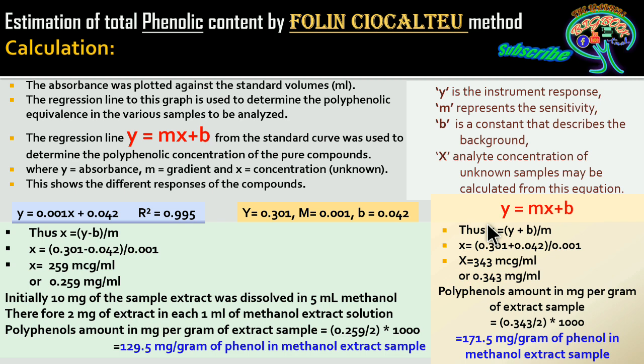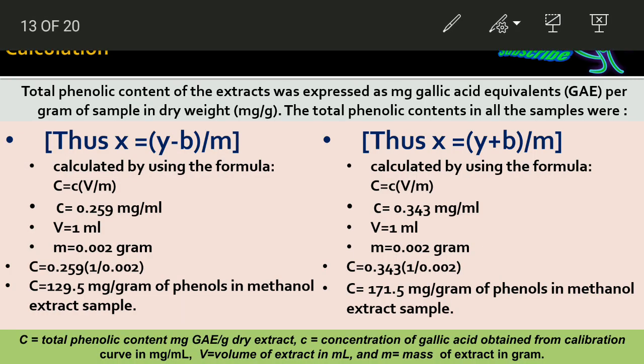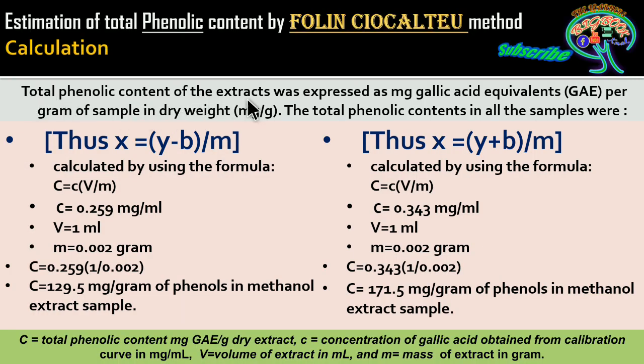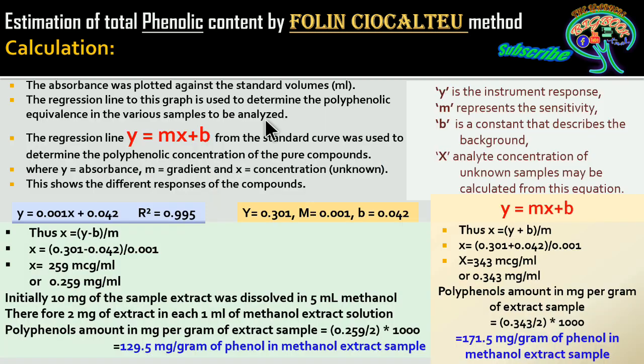Now, added to this, the total phenolic content of the extract was expressed as milligram gallic acid equivalents per gram of sample in dry weight. So here we have mentioned milligram per gram. This is the same kind of value we have taken here, milligram per gram, because we have taken the dry extract and dissolved it in 5 ml.